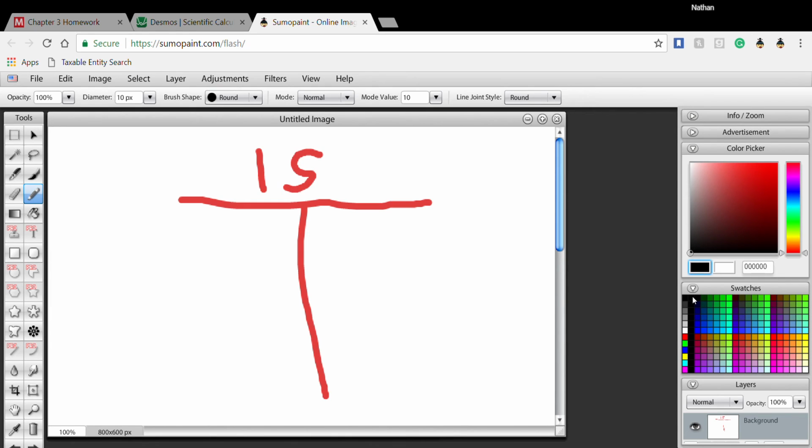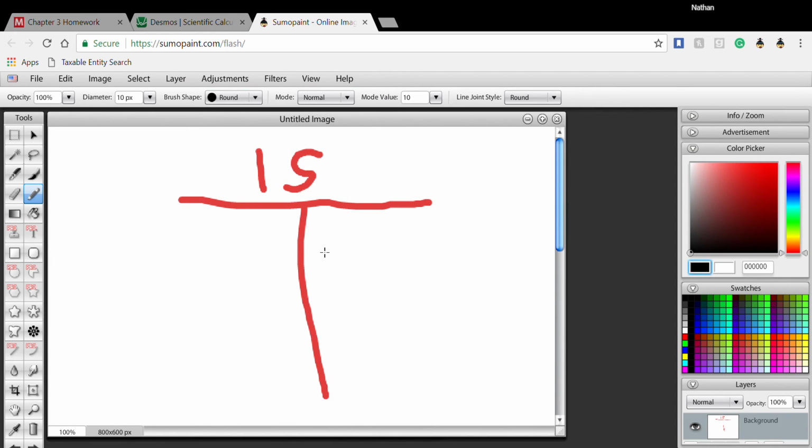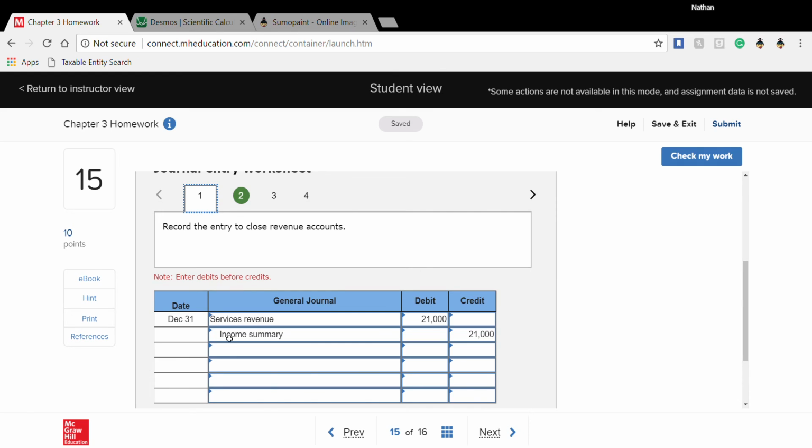We'll go back to black. Okay, so we look back into our problem and we notice that for the first one, income summary, we did a credit of 21,000. So I credit 21,000.